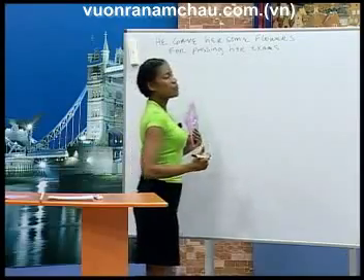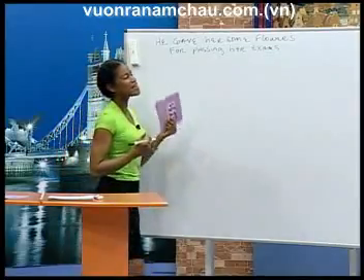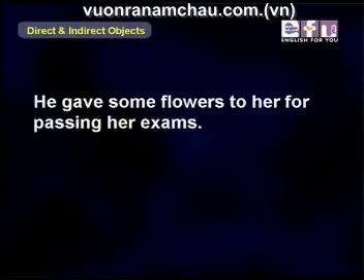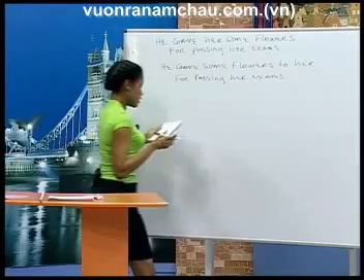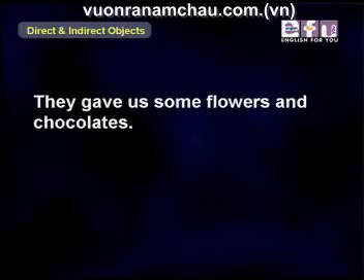Good. And how do we say the sentence if we change the positions of the direct and indirect objects? He gave some flowers to her for passing her exams. Very good. Okay, Alberto, this is your sentence. They gave us some flowers and chocolates.